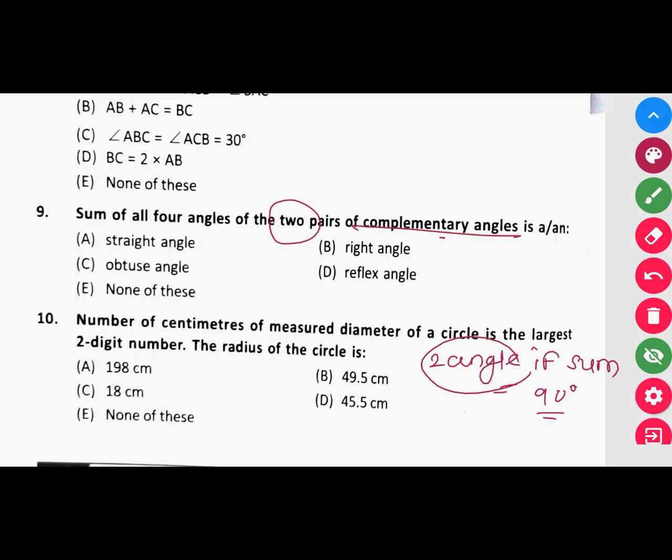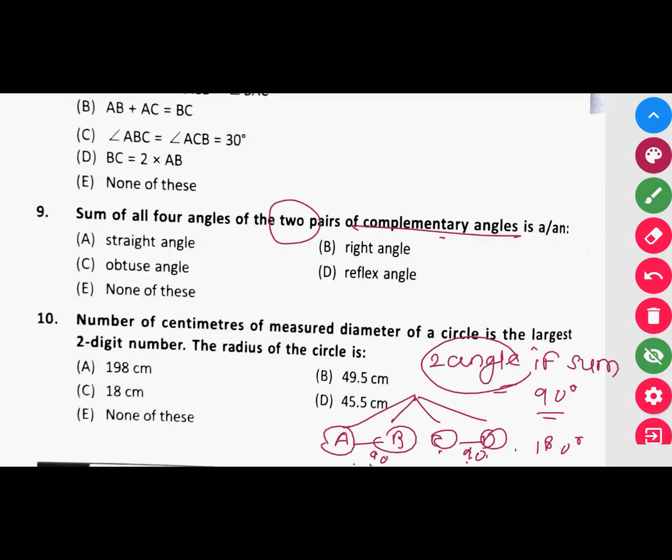That means four angles are there, A, B, C, D. So these two are a pair, and both the pairs are complementary, so their addition is 90 each. And if we add these two also, it becomes 180.